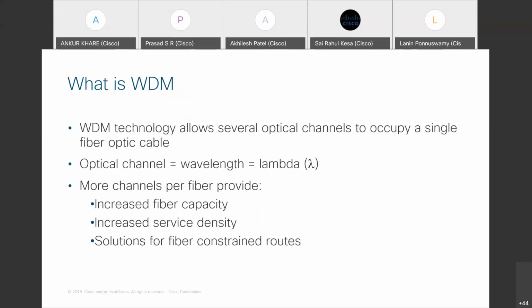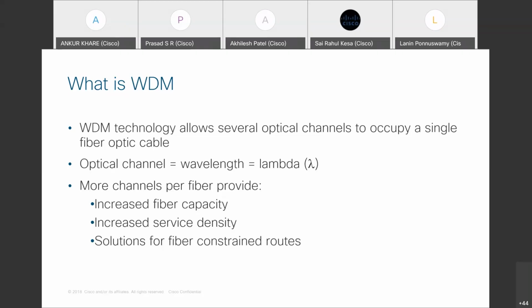So the challenge it is solving is that we have already laid fiber between different cities, right? If we have to increase the capacity, the challenge is how can you carry more data within the same fiber?